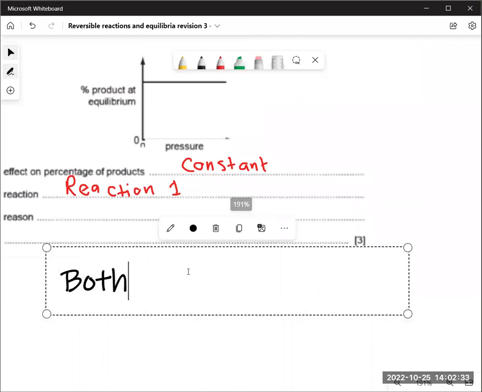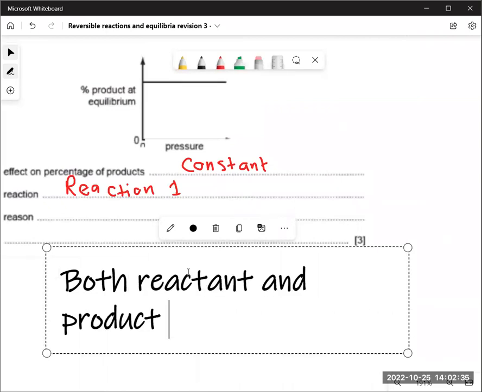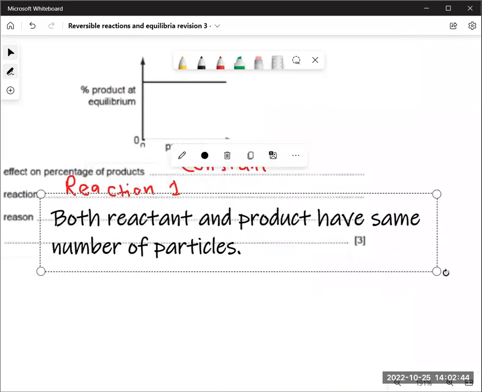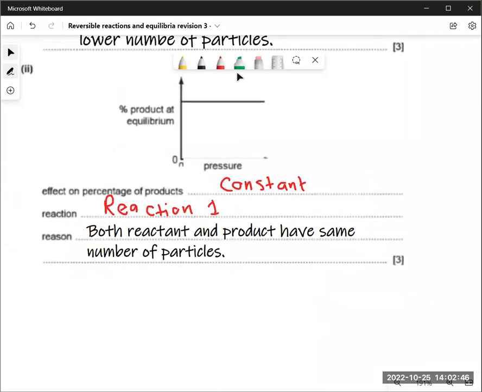Very good. That's full marks. I wrote this, and the mark scheme has the exact same answer. 3 out of 3.